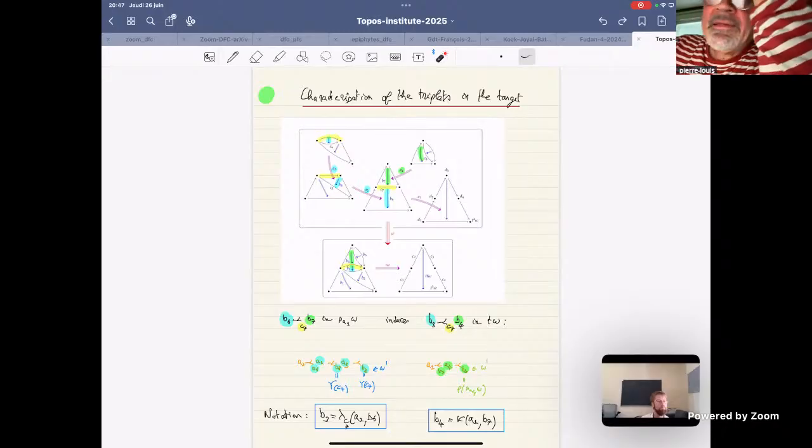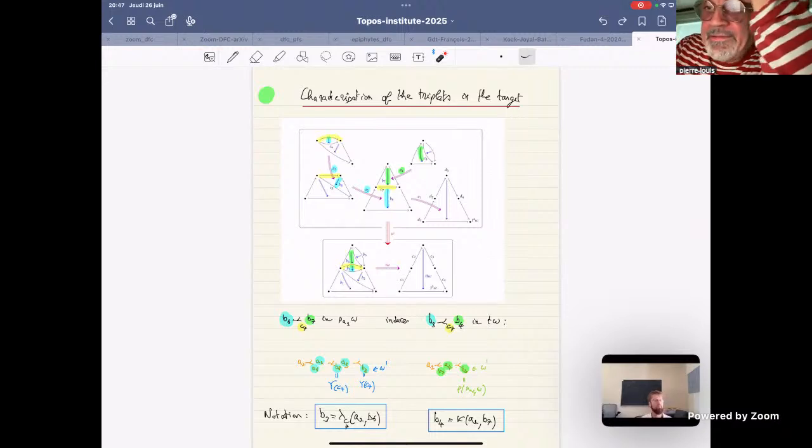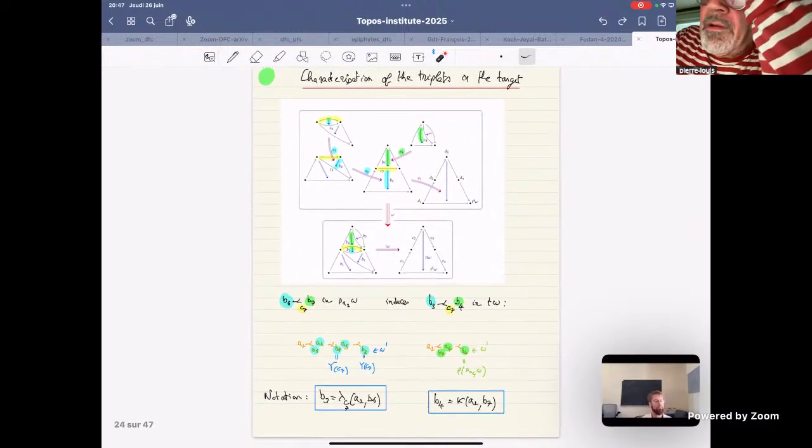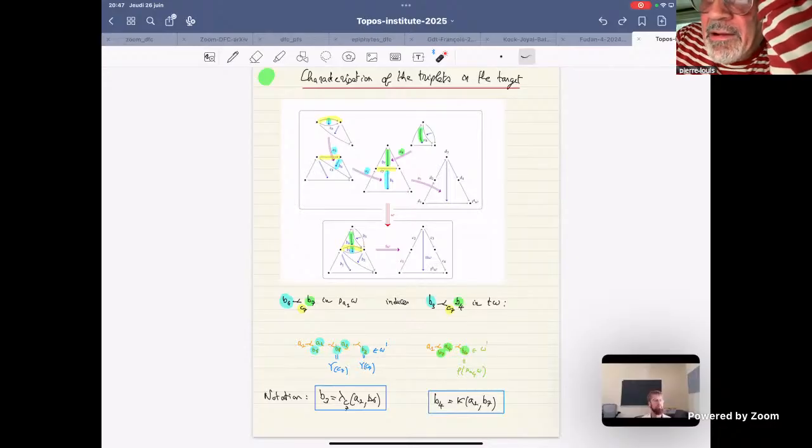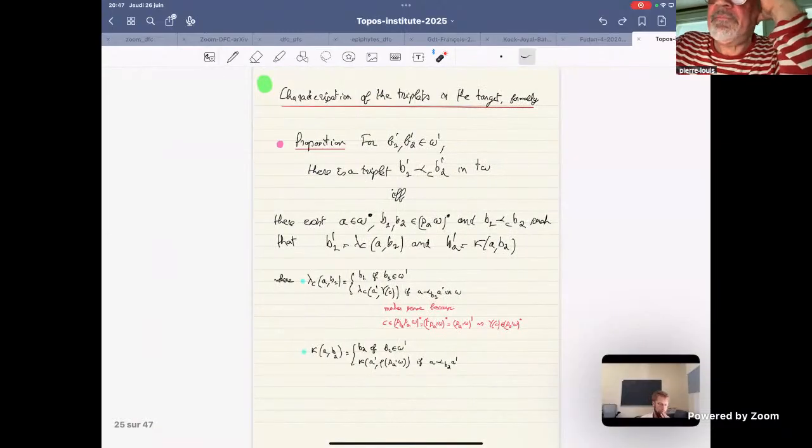And it happens that this is entirely determined by all the tree information that we have in the different sources of omega. So each triplet like this in one source of omega will give rise to one triplet in the target. But I don't have time to go into details.